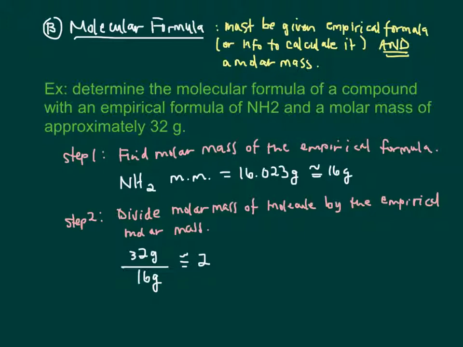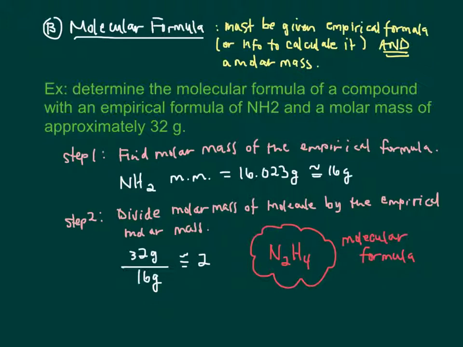So what that tells me is that my molecule weighs twice as much as my empirical formula. So from here it's easy, because you know that you've got twice as much of everything. So N2H4. We're going to multiply our subscripts by this factor, and this is now your molecular formula. Now, I like to double check to make sure that the molar mass of the molecule I just got matches the molar mass they gave me in the question, just to make sure I did it right.